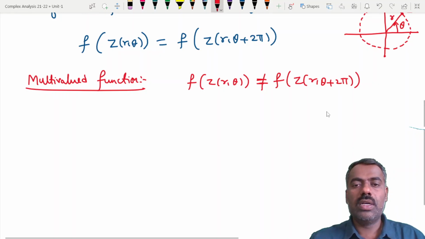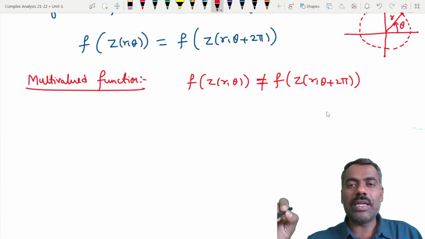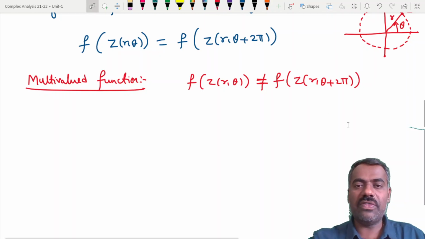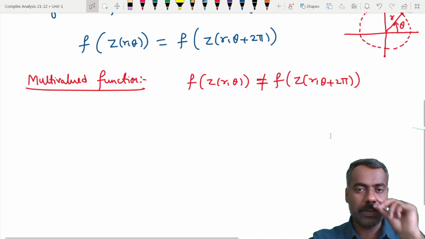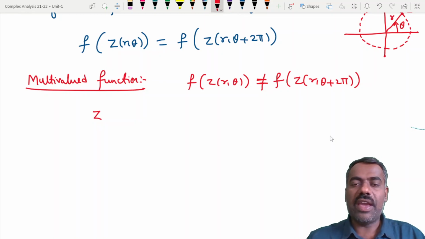Yes or no? That means by starting from one point and going around a circle, and you reach that point, if the value of that function is different, then we say that it is a multivalued function. For a single z, f of z takes multiple values.